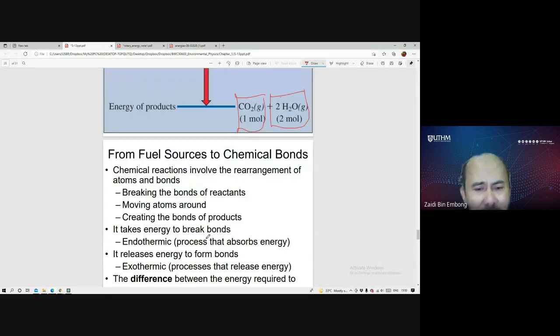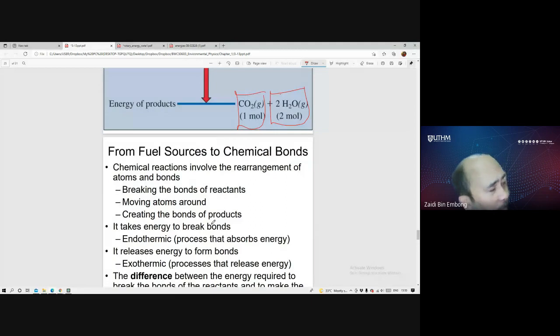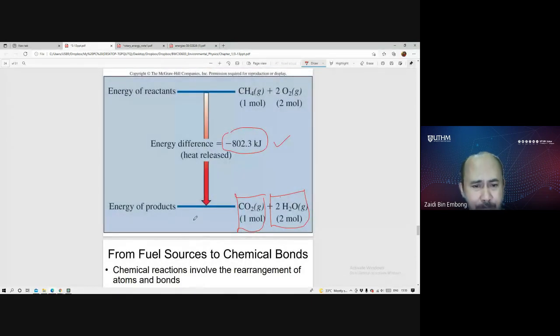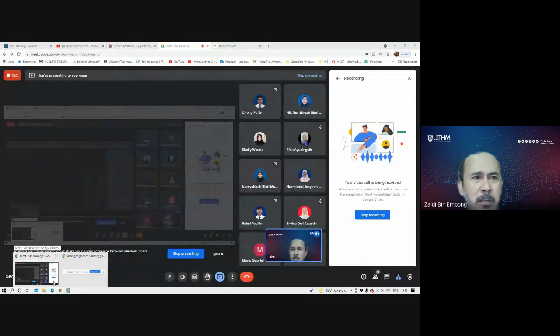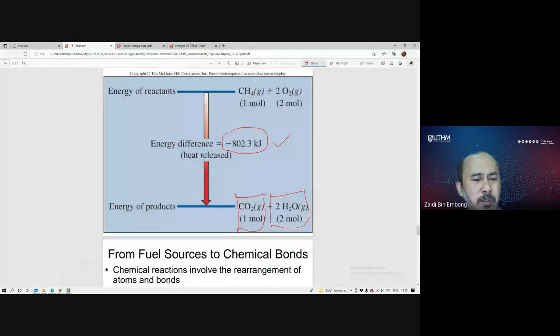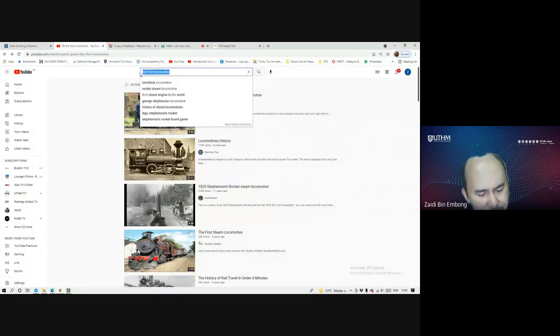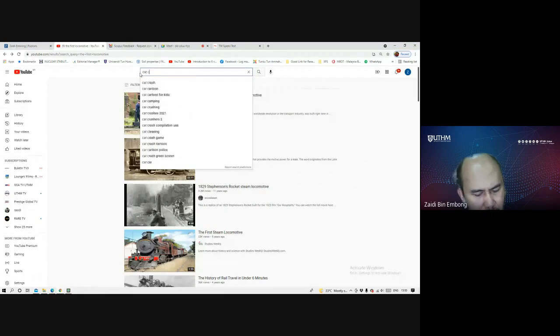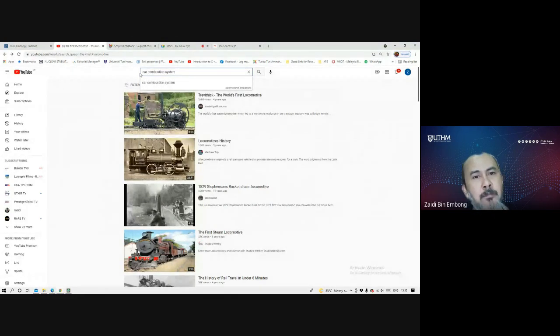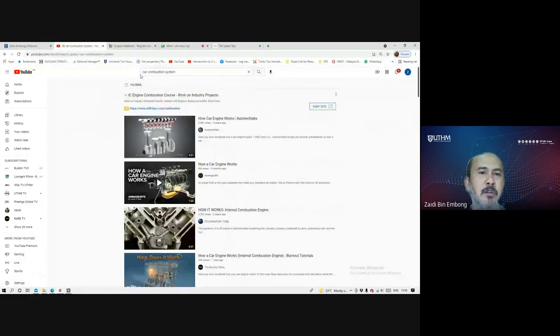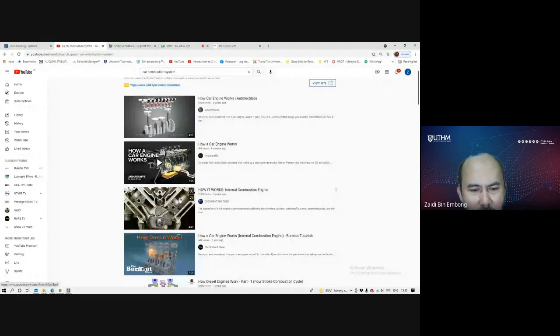Okay, right. If you look at the car combustion system, for example, we can have a look at an analogy of the car combustion system. You can look at the video of how the car combustion system works.